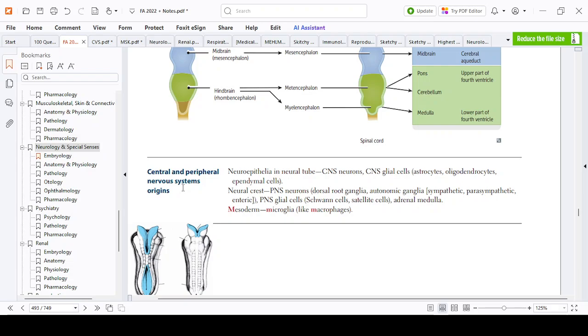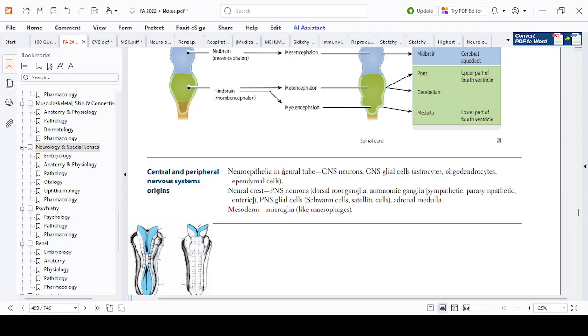So the neuroepithelia in the neural tube form the central nervous system: neurons and CNS glial cells, astrocytes, oligodendrocytes, ependymal cells. We said that the neural tube becomes the central nervous system, which contains the brain and spinal cord.